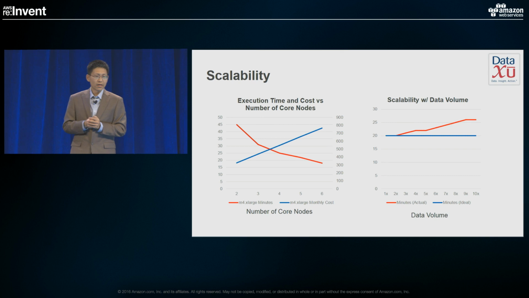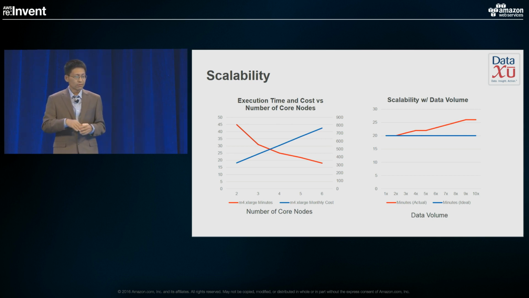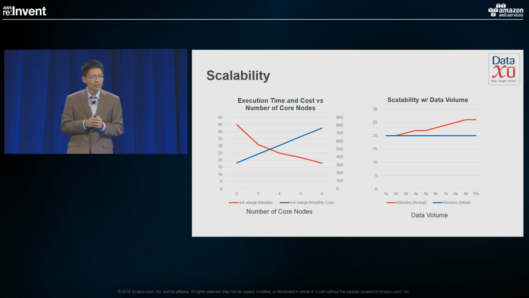On the right side, what we are looking at is a study of what if our data volume becomes 10 times. So we stage a data set in increments from 1 times, 2 times, all the way to 10 times. And with each increment of the data set, we added 6 core nodes to the cluster. So an ideal case showed on the blue line is that you would see a flat line of the execution time.